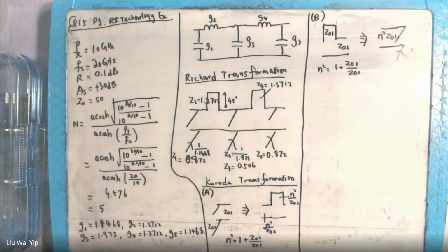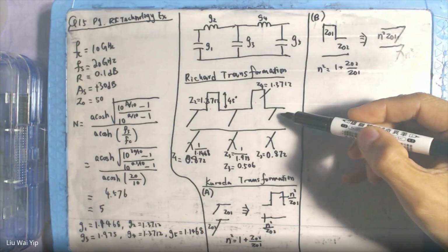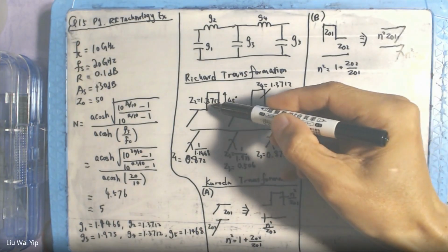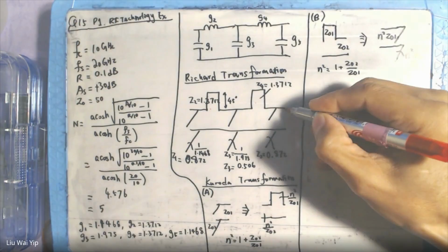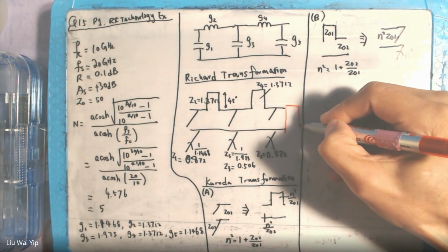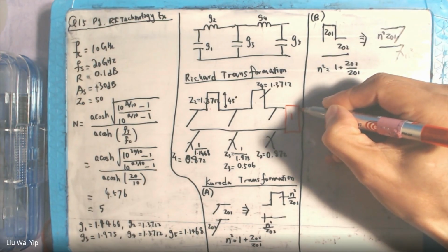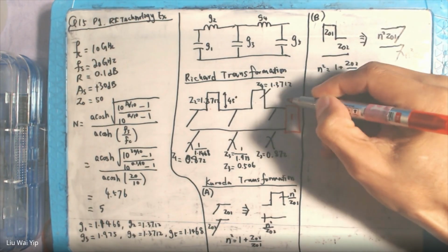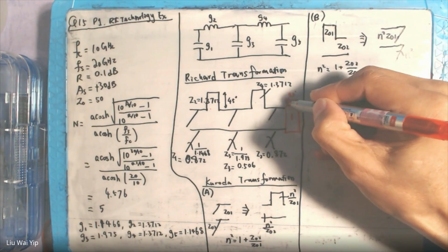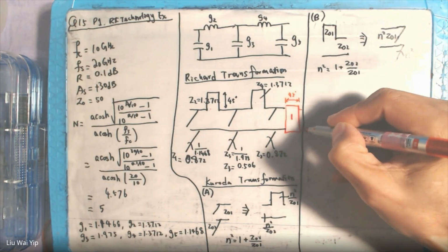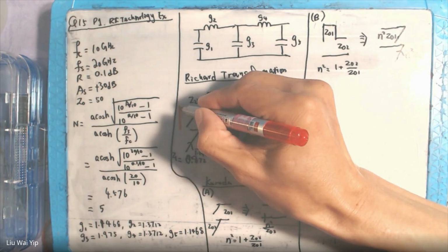Now we are going to start doing something. So for this circuit, we have to get rid of them, but it's difficult. What we can do is add a dummy transmission line section with characteristic impedance 1. The length here is 45 degrees. And you are going to do the same in here.